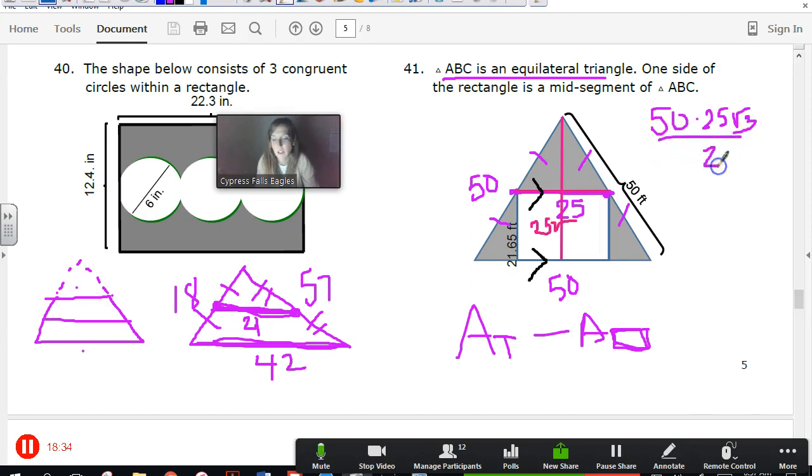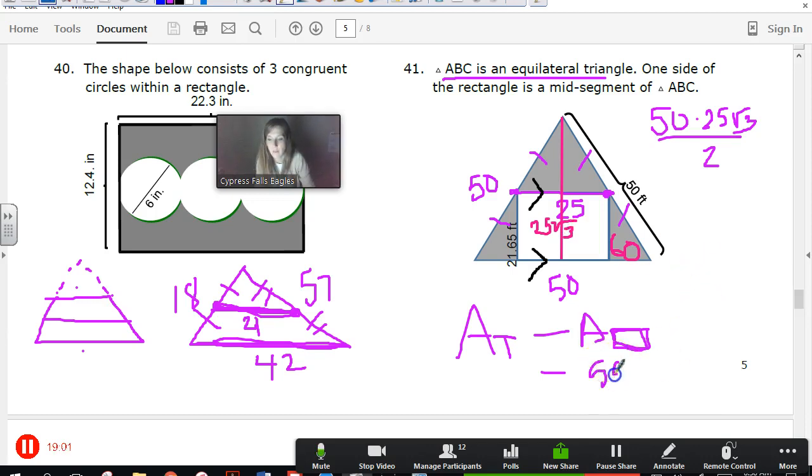Or you can do side squared root 3 over 4. Don't use it if you don't understand that equation, okay? And then you're going to go ahead and get a decimal. You don't have to keep your answers exact tomorrow or Wednesday. Go ahead and get a decimal. And then the area of the rectangle is base times height, 21.65 times 25.